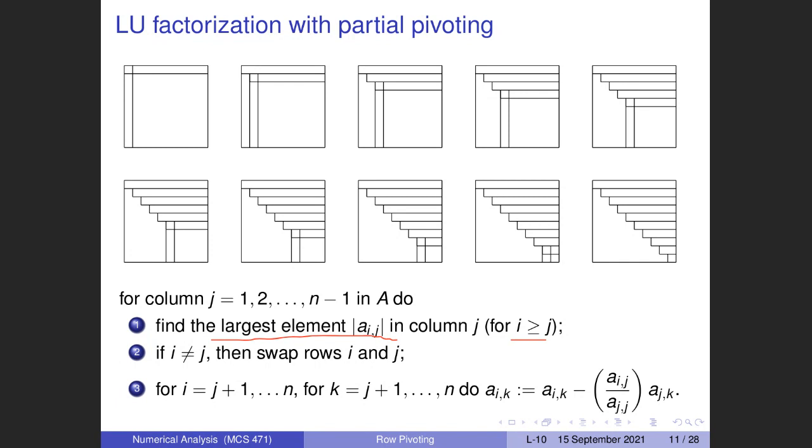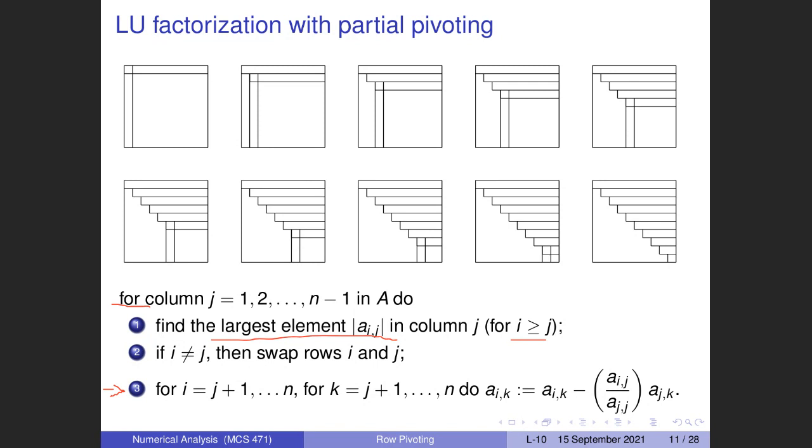So the row reduction is the same. The most expensive phase in this algorithm is still the reduction. We still have that double loop sitting in there, and finding the largest element is also a loop, but it is a single loop.